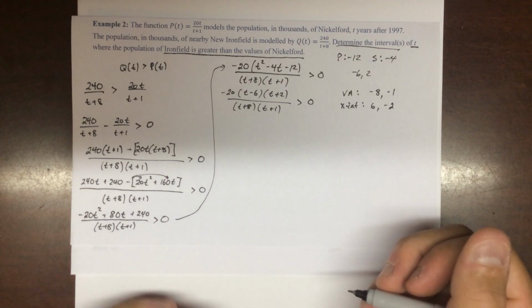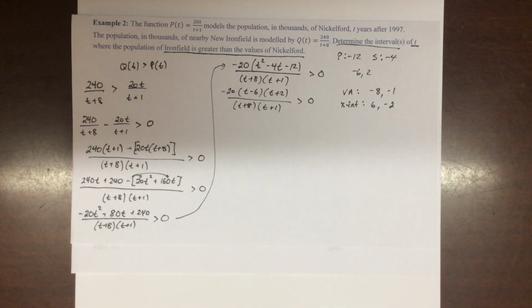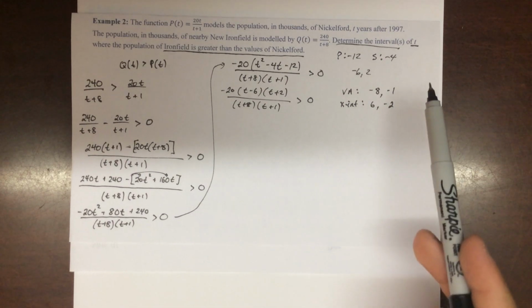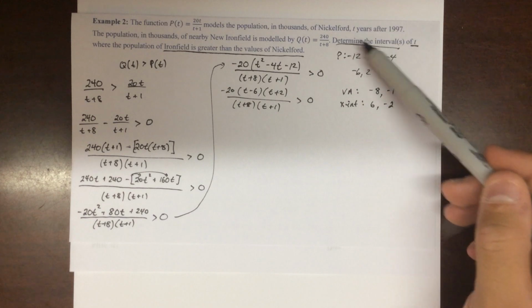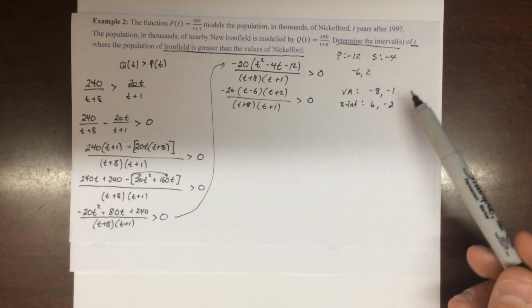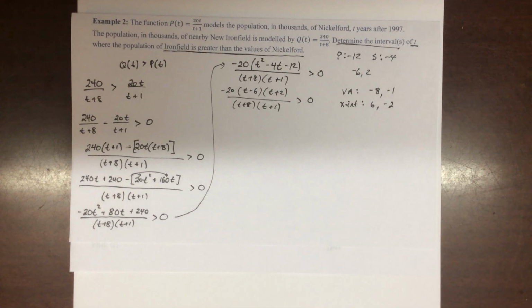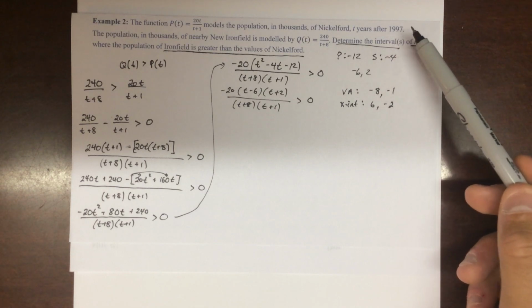Now we set up our interval table based on these values here. We are able to simplify or shorten our interval table because we are working with a function that is described as t years after a particular time. All of our negative values of t are going to be irrelevant for us. They do not exist for this function. It's t years after 1997.